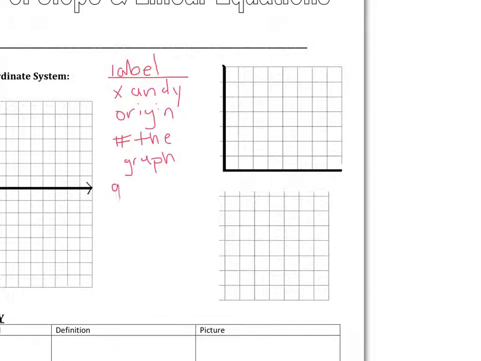And then I want you to label the quadrant. Okay. So go ahead and pause the video on this graph right here, this one. I want you to go ahead and label the x and the y-axis, the origin, the numbers on the graph, and the quadrants. Press pause and then press play again so you can see if you got the answer right.